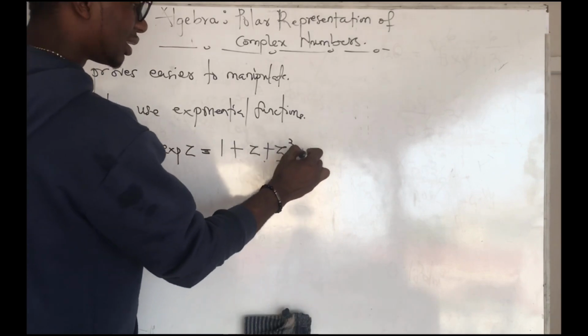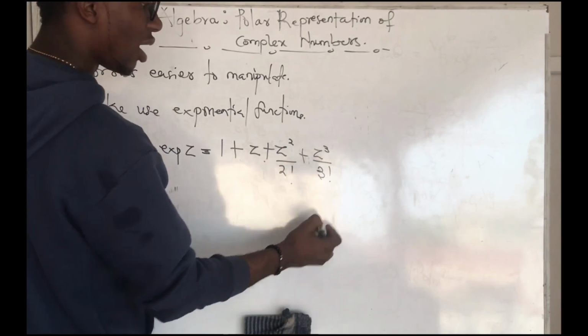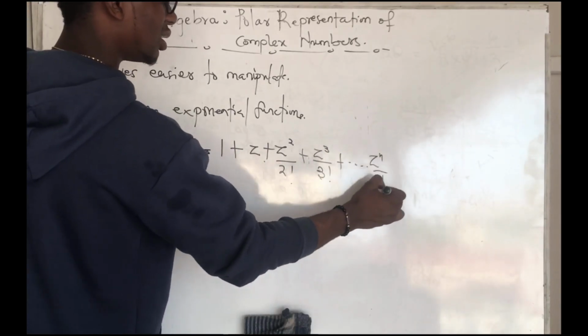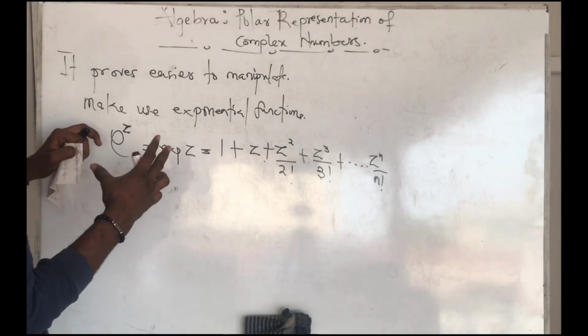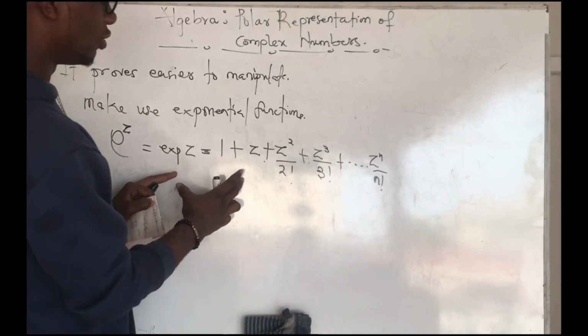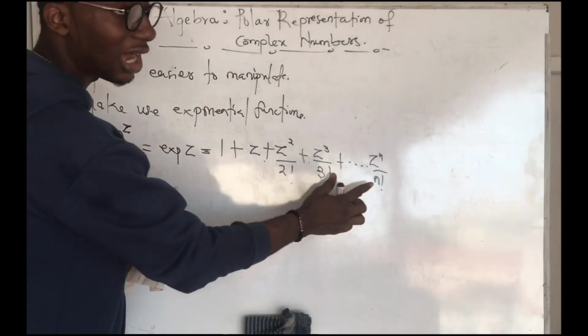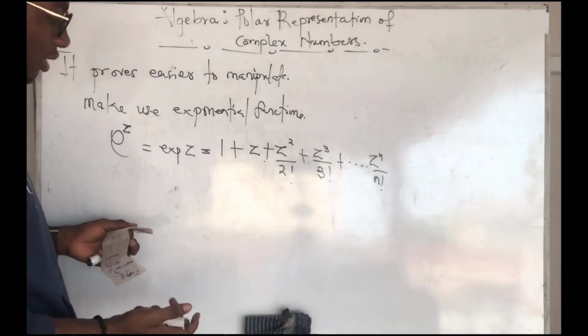Plus z cubed, all divided by 3 factorial, plus, to infinity, z to the n divided by n factorial. So in polar representation, we make use of the exponential function. Anytime you have an exponential function, this is how you expand it.